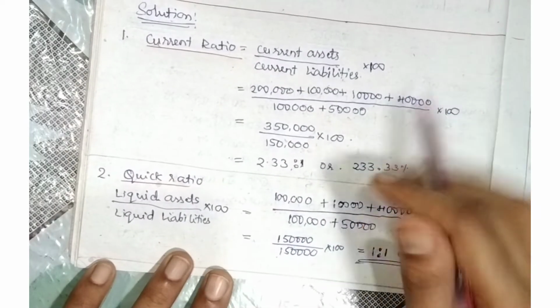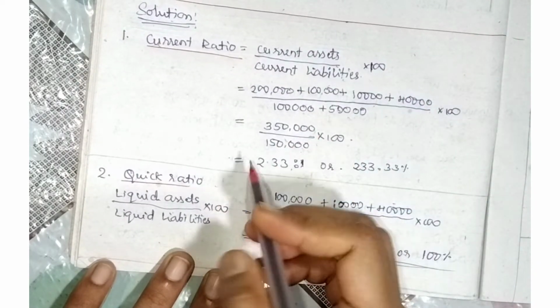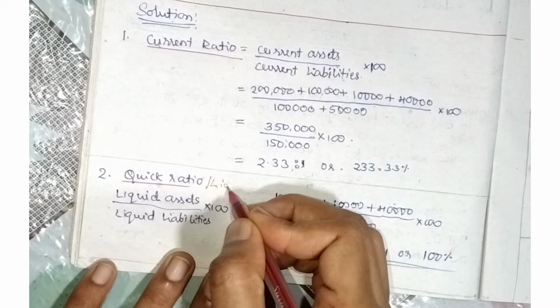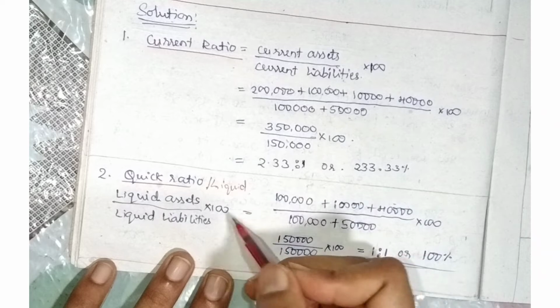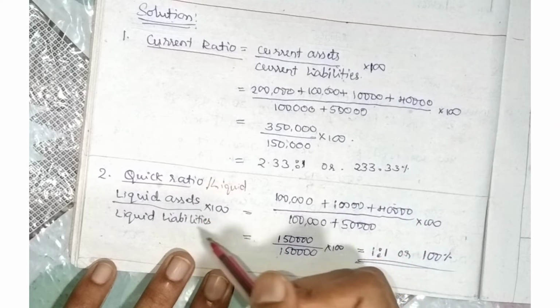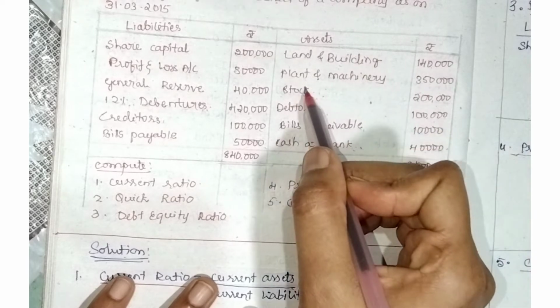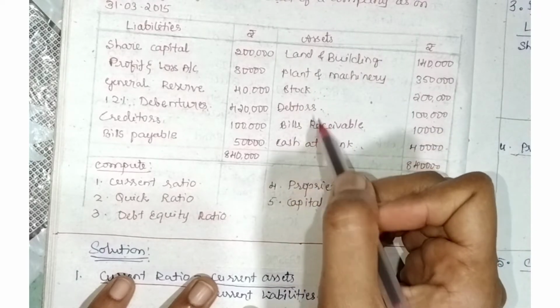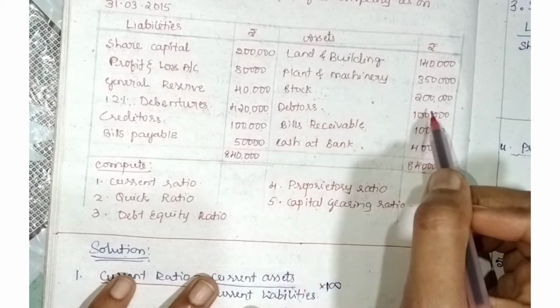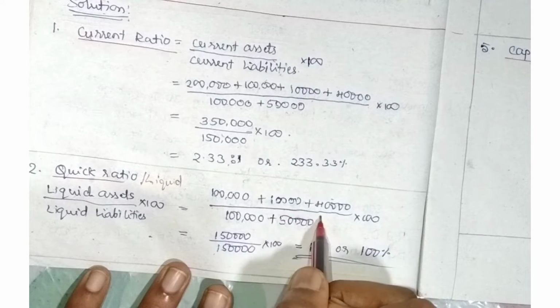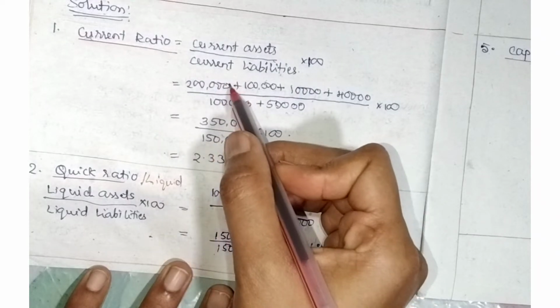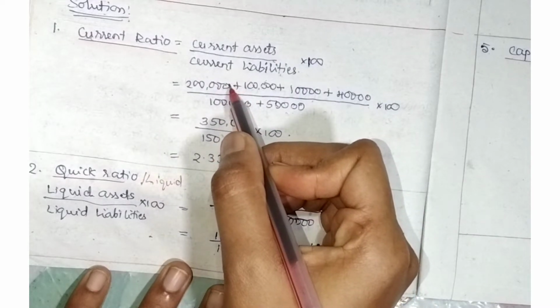Next, second one is quick ratio. Quick ratio is also known as liquid ratio. Now the formula is liquid assets divided by liquid liabilities into 100. Now what I said, except stock, all others are liquid assets. So from the above total minus 2 lakh, that is leave the stock. 1 lakh, 10,000 and 40,000 is there, except this stock, that is 2 lakh.